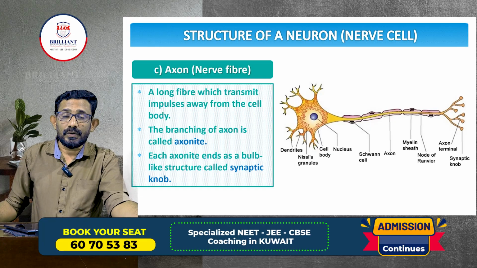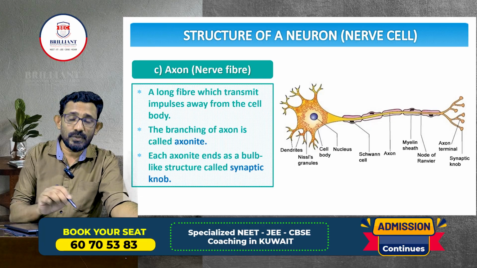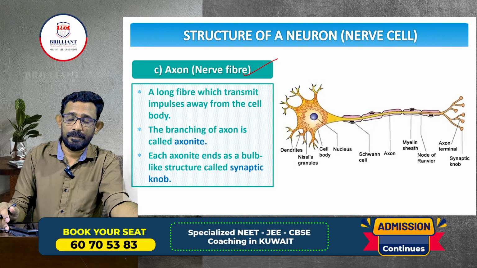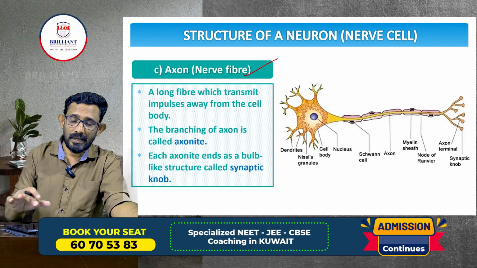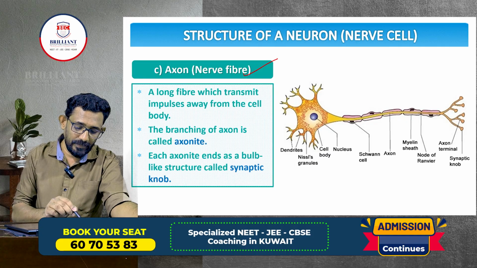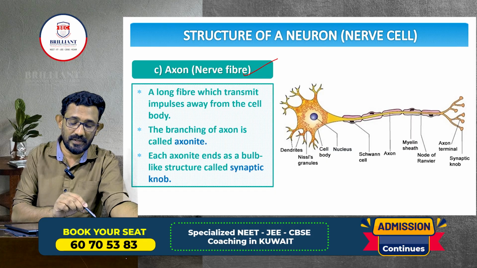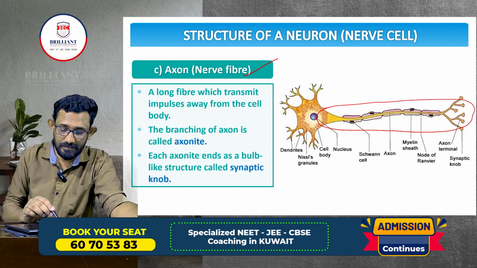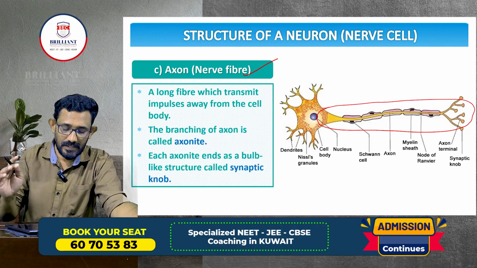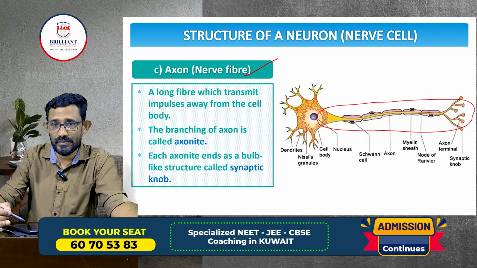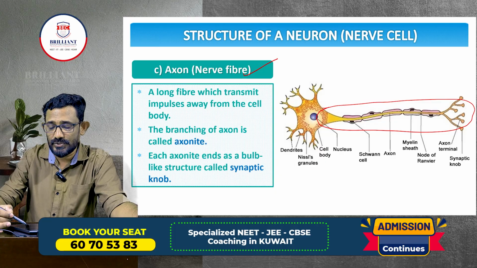And the third part of the neuron is called axon. Axons are otherwise known as nerve fibers. See, compared to dendron, axon is the longest one. A long fiber which transmits impulses away from the cell body is called axon. And similar to dendrons, the axon is also branched.